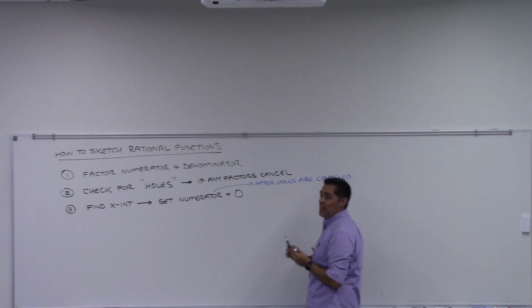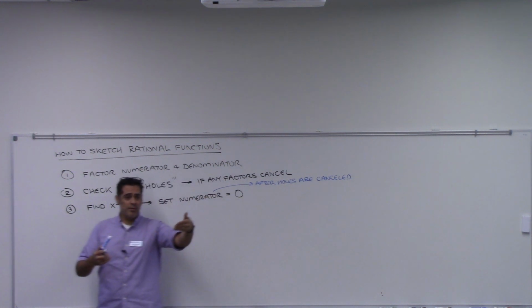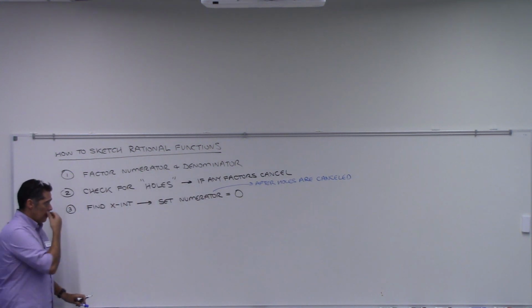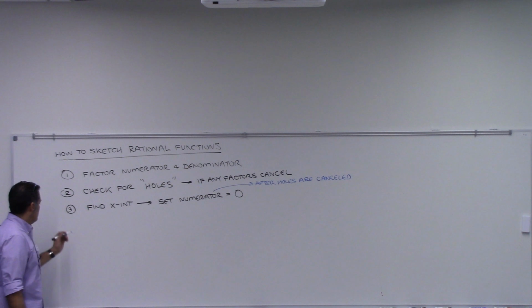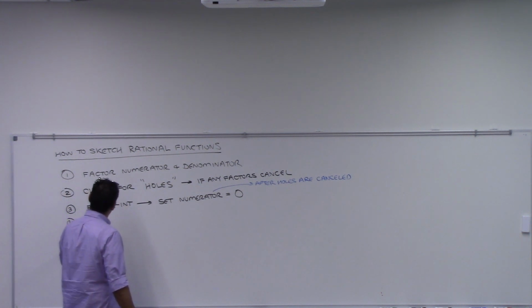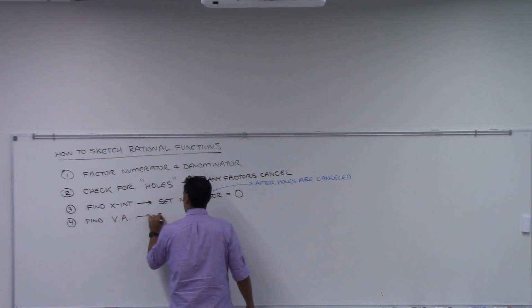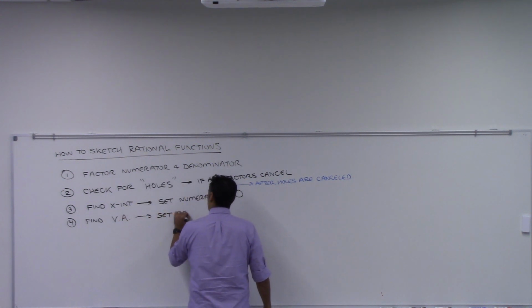So you have to cancel out any factors, and then whatever's left, you're going to set that equal to 0. Next step, we're going to find the vertical asymptotes. And how do we do that? Set the denominator equal to 0.